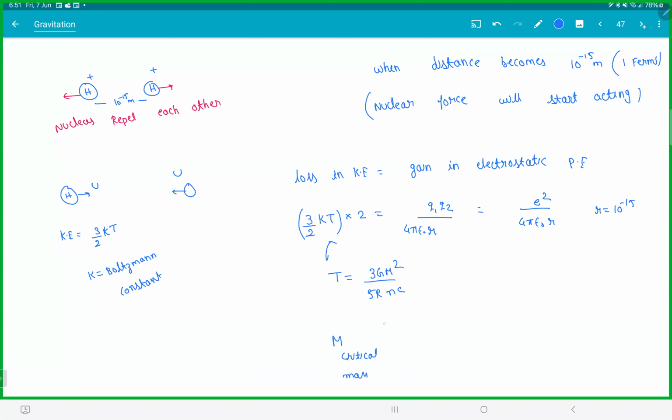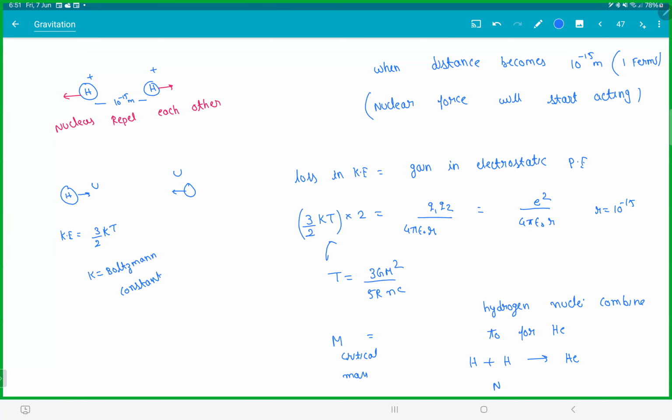So once you reach this critical mass, the hydrogen atoms fuse and they create helium. Hydrogen nuclei. So basically H and H will become helium.